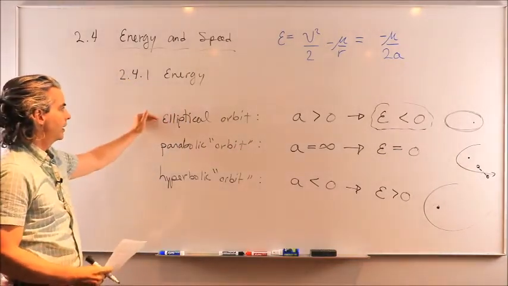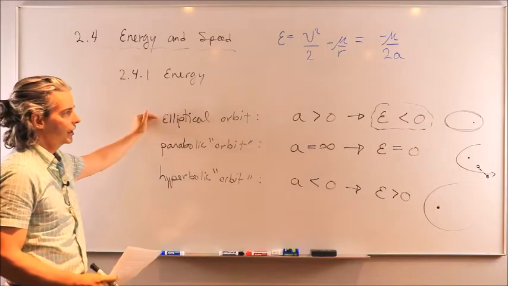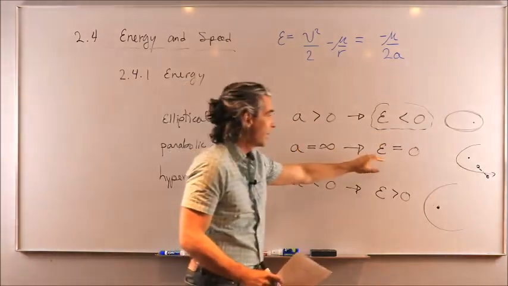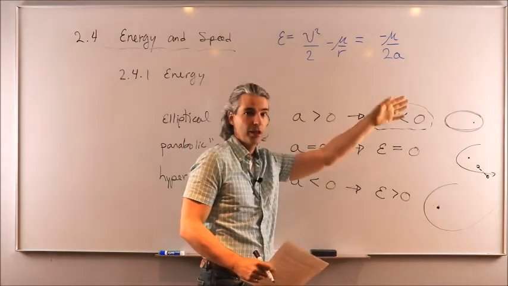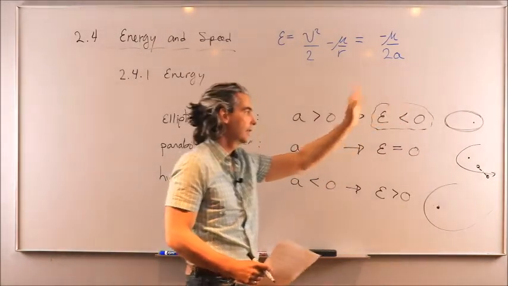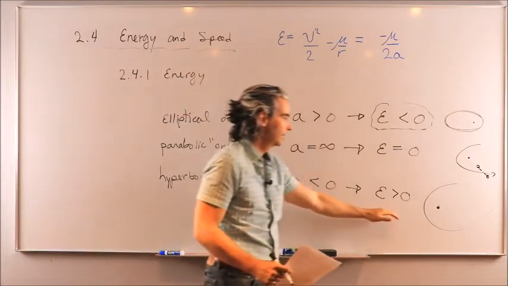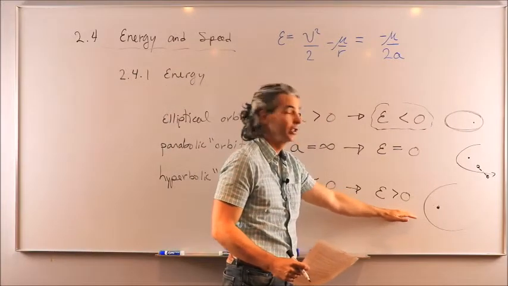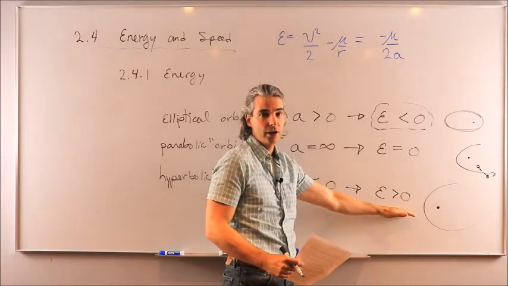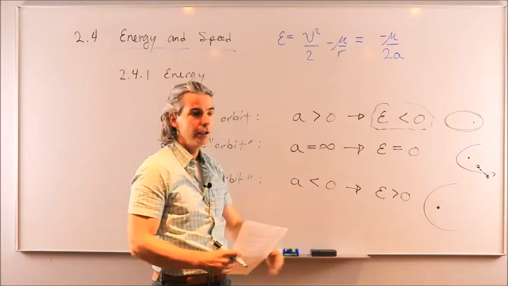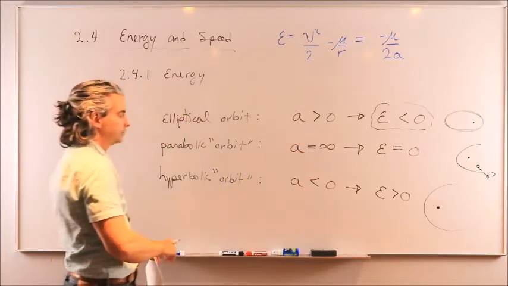So elliptical orbit, not enough energy to escape the gravitational field. Parabolic orbit, barely enough to escape, yet you end up with no residual speed at infinity. And hyperbolic means that you have quite a bit of energy and essentially enough to escape the gravitational attraction and end up at infinity with some residual speed to keep moving forward.